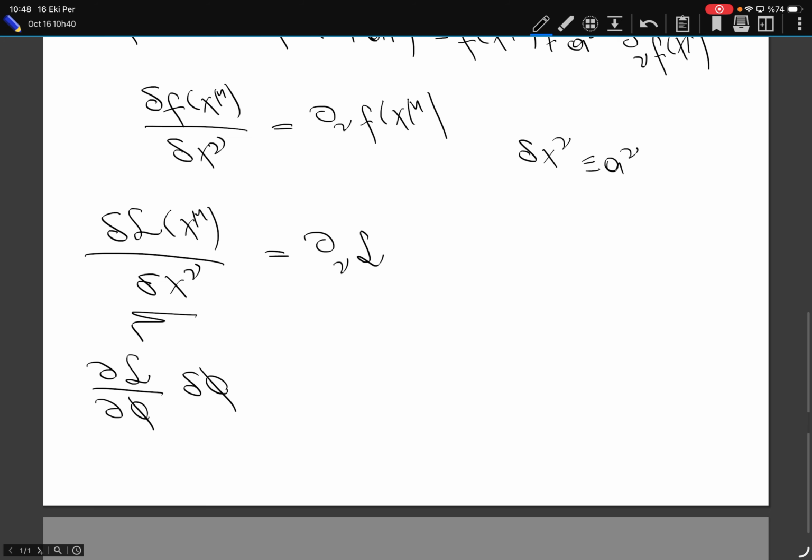You can imagine cases where we have more than one field, plus derivative of the Lagrangian with respect to the derivative of phi times the variation of the derivative of this field. This should be equal to x nu. Well, let me divide by del x nu.